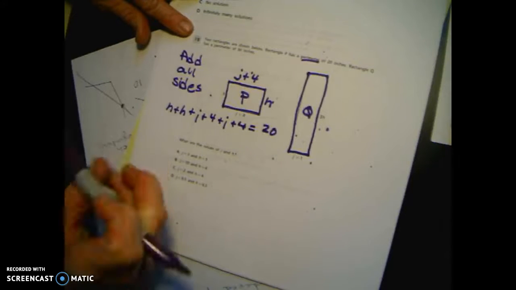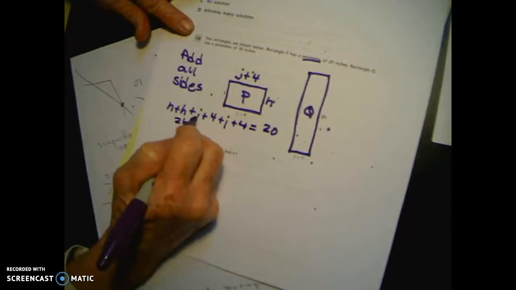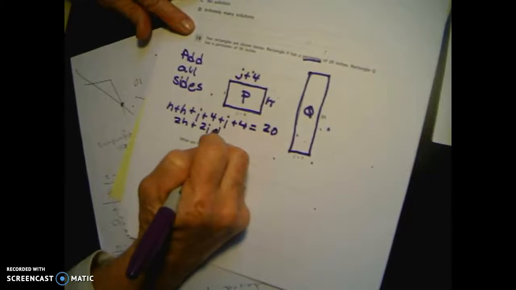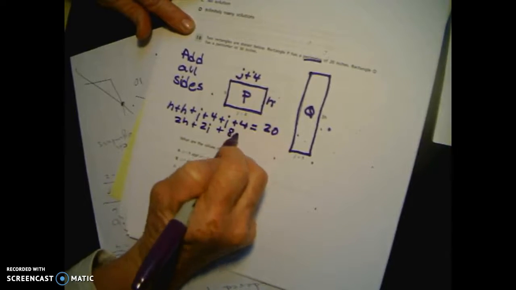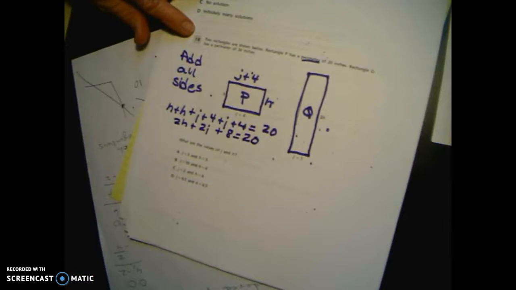I just know that if I have two h's, I have 2h, and I have 2 j's, and I have 4 plus 4 is 8. That equals 20. So I have an equation on this side.